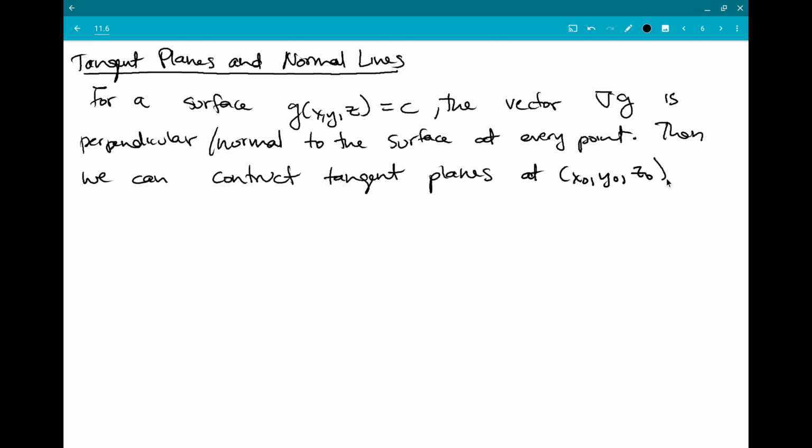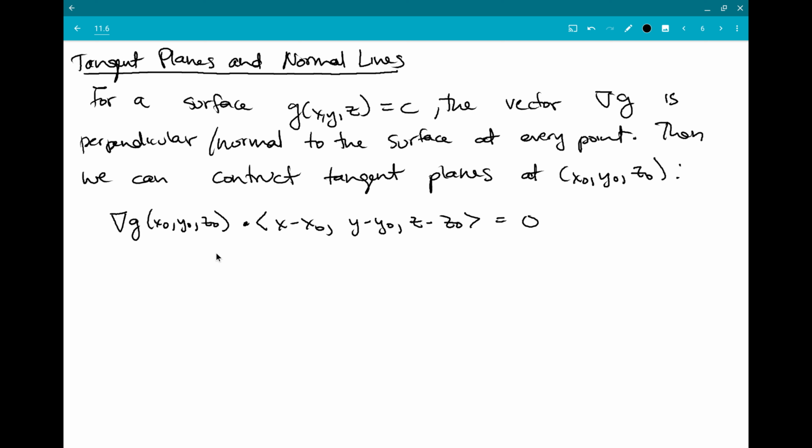At any point x0, y0, z0, it's going to be given by this equation. Grad g evaluated at x0, y0, z0, dotted with x minus x0, y minus y0, z minus z0 equal to 0.